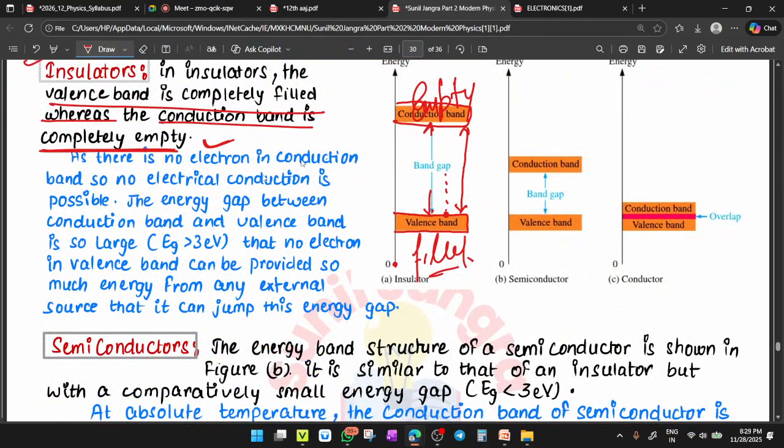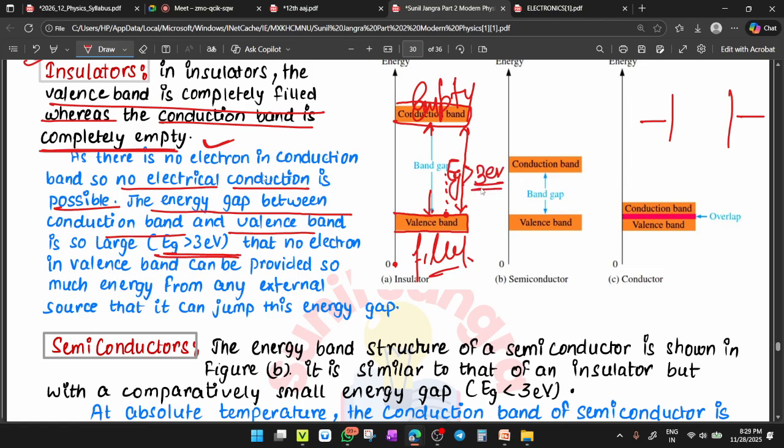As there is no electron in the conduction band, no electric conduction is possible, because however you apply the potential, if there is no electron, who will move? No one. The energy gap between the conduction band and valence band is so large, greater than 3 electron volt, which is quite high.